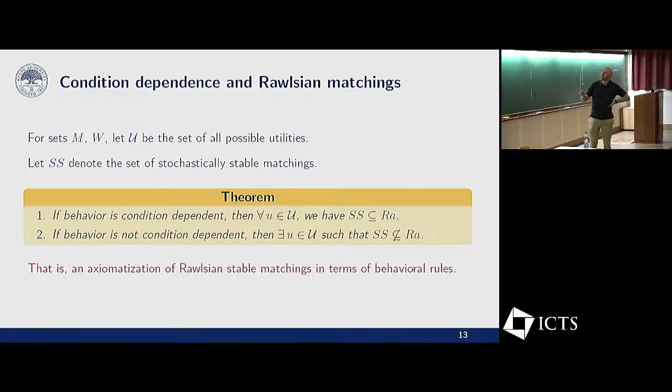And we have the following result. If behavior is condition dependent, so if you're more likely to make mistakes when your payoffs are low, then for all possible utilities you could have, your stochastically stable outcomes are a subset of your Rawlsian stable matchings.